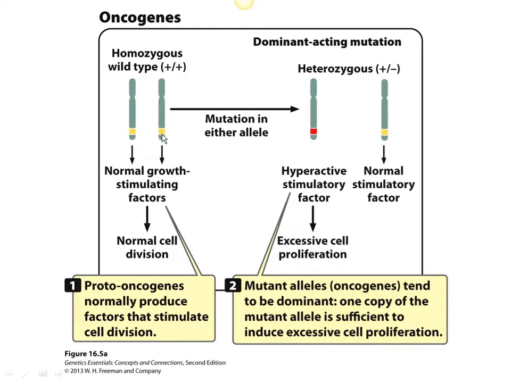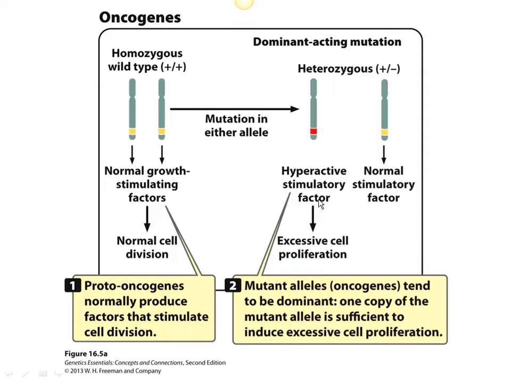So those are the non-mutated genes. Proto-oncogenes, you have two copies for each of them, and they normally produce growth-stimulating factors. They normally push the cell forward in the cell cycle when that's appropriate. If you get a single mutation in either allele, and it has to be a very specific mutation, you can result in one allele that becomes hyperactive, or we should say the protein that it encodes is hyperactive. A hyperactive stimulatory factor will basically be overactive. That's what hyperactive means.